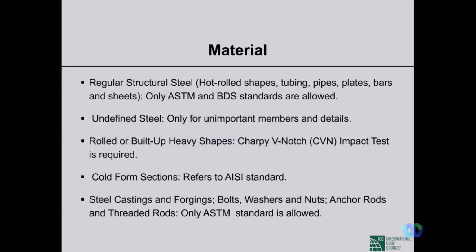There is no mention of any other standard, and interestingly, no other standards are basically allowed. Only ASTM and BDS standards are allowed. So this is a very, very important piece of information, because in Bangladesh we import steel sections from many different countries, and many of those countries do not follow ASTM or BDS.